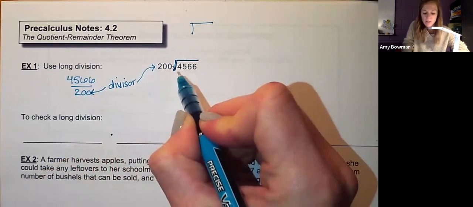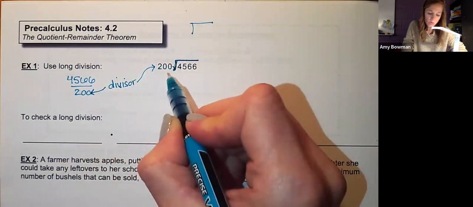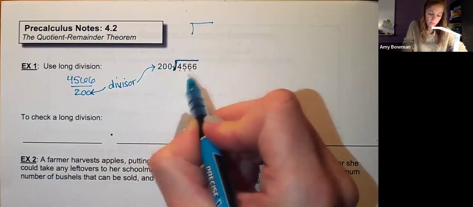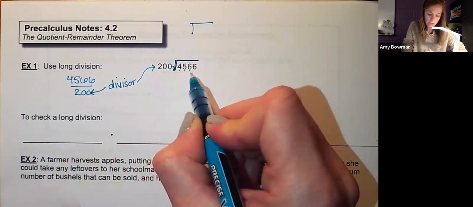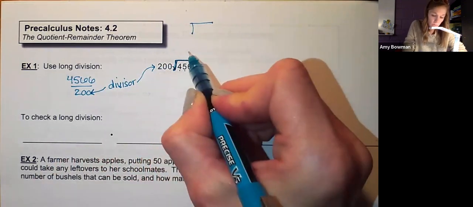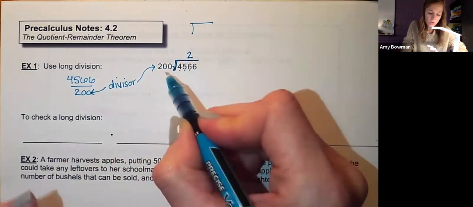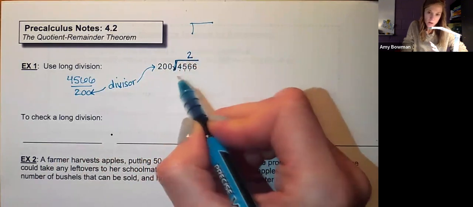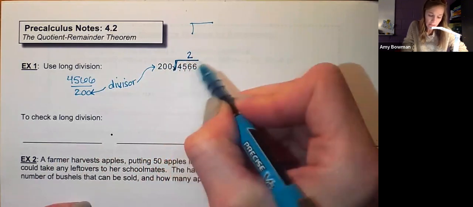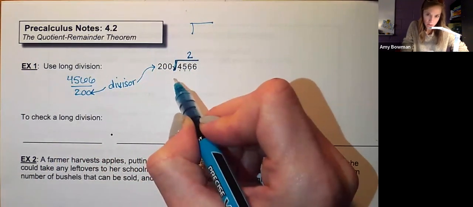To do that using long division, we ask ourselves, how many times can I get 200 into these first three digits? So how many times does 200 go into 400? We all know that that's 2, so I put my 2 up here. Then once 200 has gone into 456 twice, I would figure out how much is remaining of that 456.